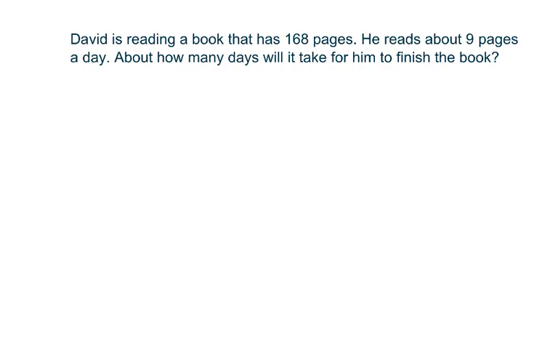So if we're going to use our great math strategies, we're going to notice that the important numbers are 9 and 168, and that the important labels we're looking for are pages a day. And we're also going to bring our attention to the word about. Notice it appears twice. That tells us for sure that we are estimating about and about.